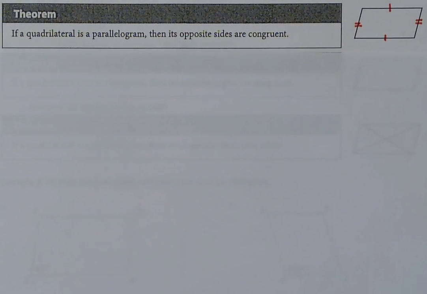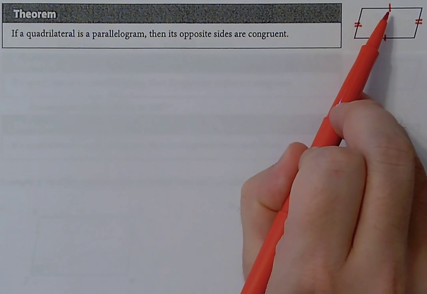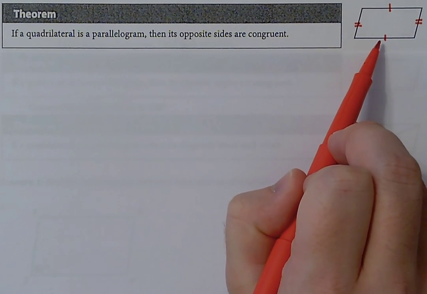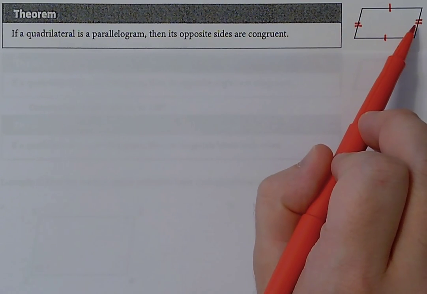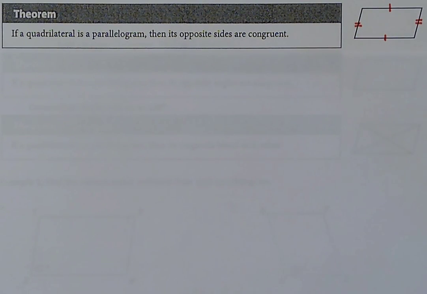So opposite sides are congruent to each other. If this is 12 units long, that means this is 12 units long. If this is 7 units long, this is 7 units long. So know that opposite sides in a parallelogram are congruent to each other, meaning they are the same measure.